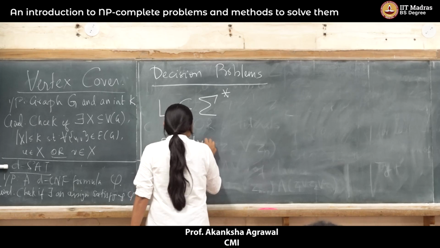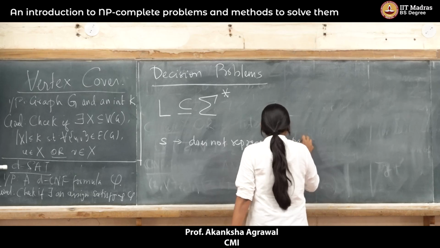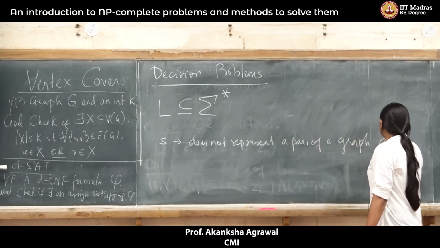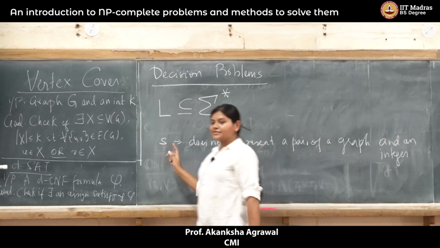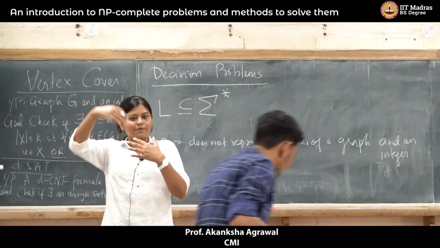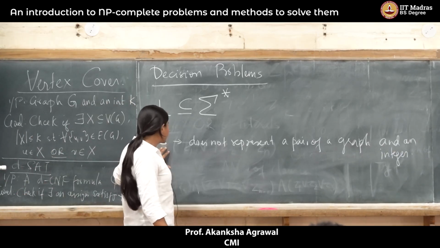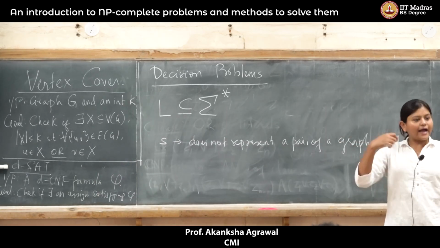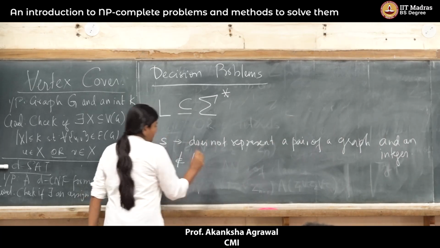Suppose you have already fixed an encoding scheme on how you represent your graph and how you represent numbers. In that scheme, suppose a string s over 0, 1 does not represent a pair which is a graph and an integer, then such a string should not belong to L.